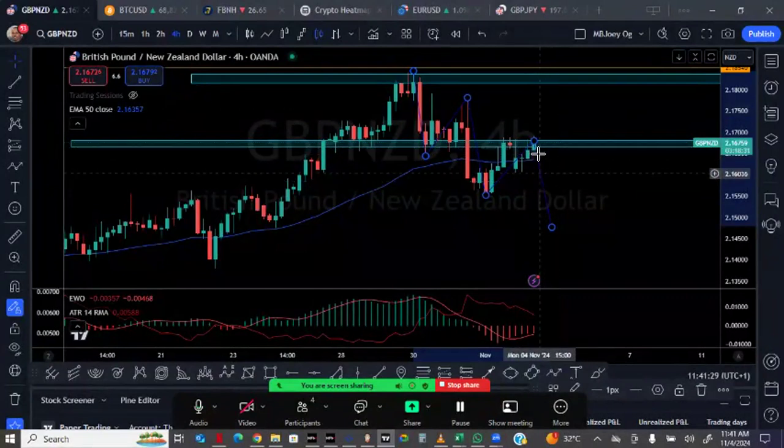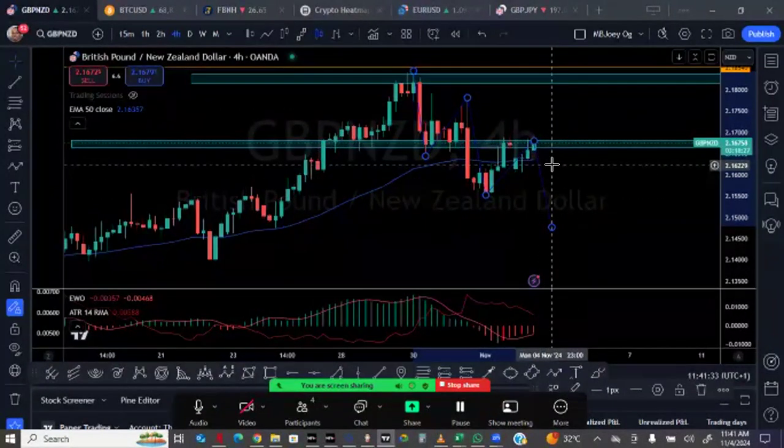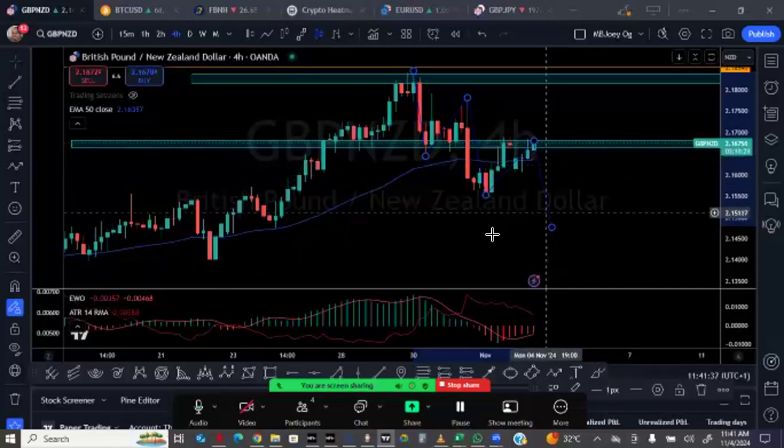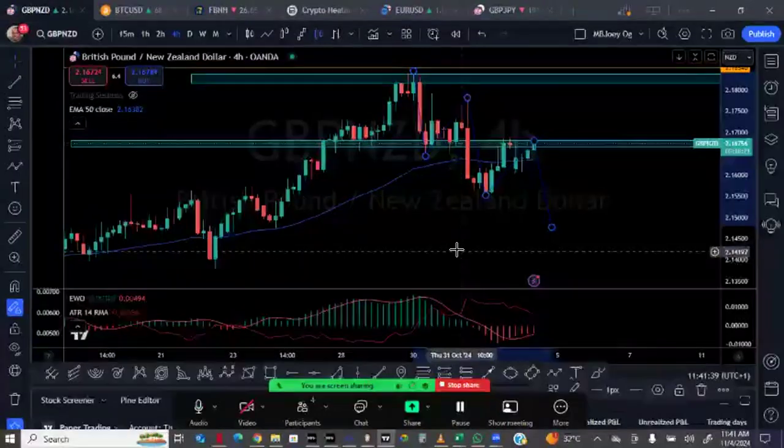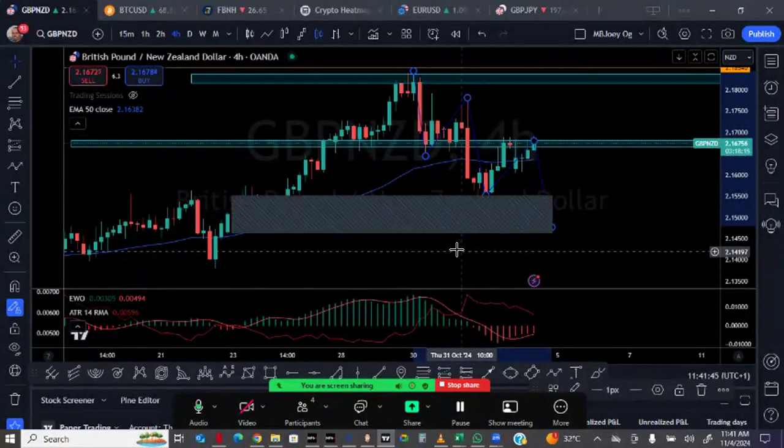So once I have that, then I can create my entry for my position for the sell and all of that. Now, the second thing I want us to focus on today is where should be my targets and where should be my stop loss.